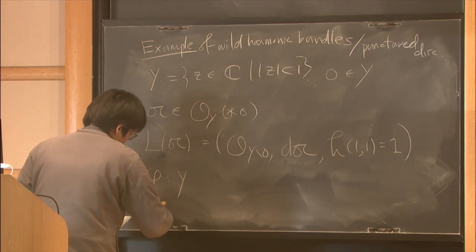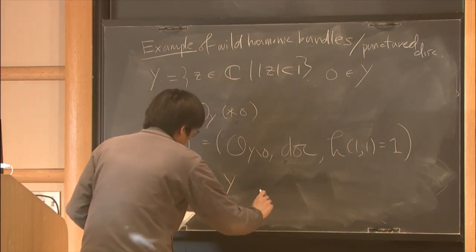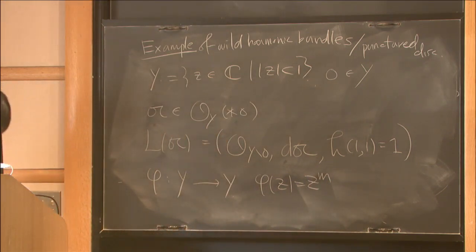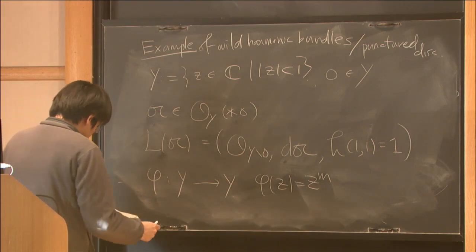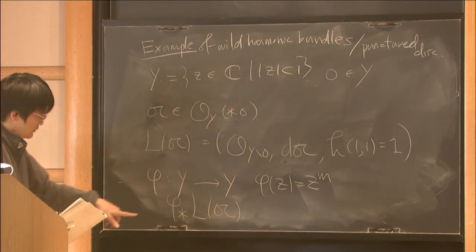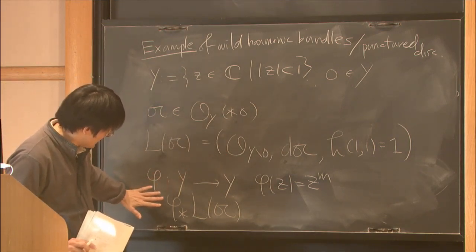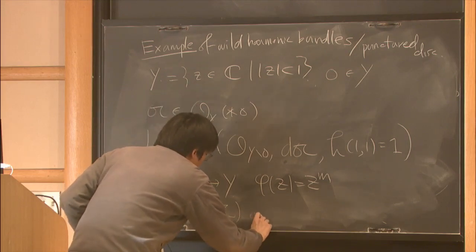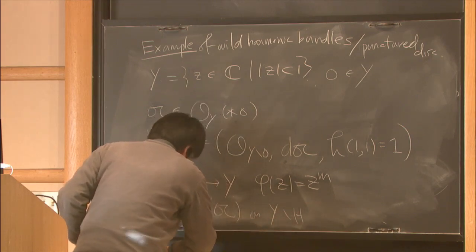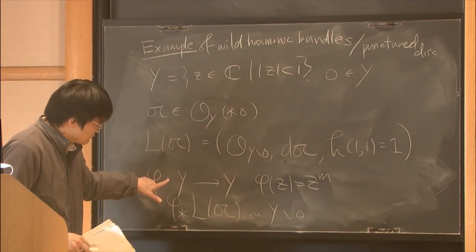So we have this kind of wild harmonic bundle. If we take the map from Y to Y given by φ(z) = z^m, then we can take the push forward of this harmonic bundle by φ. This is a covering map on Y minus 0.